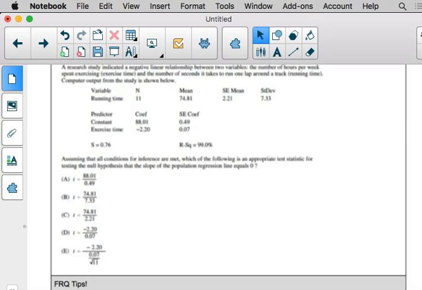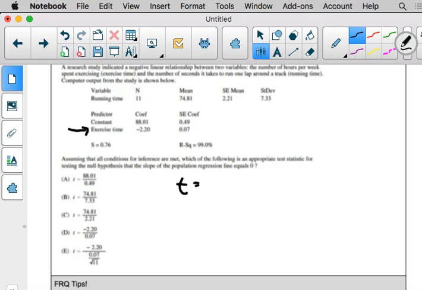All right, following our pattern of making a test statistic, take your sample statistic. Our sample slope is that variable, right next to it: negative 2.20, minus the parameter.